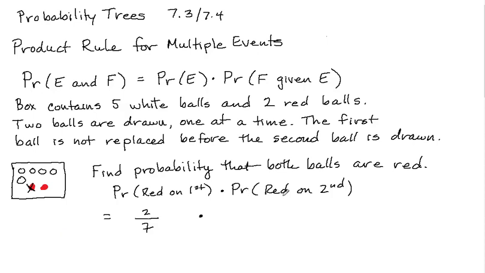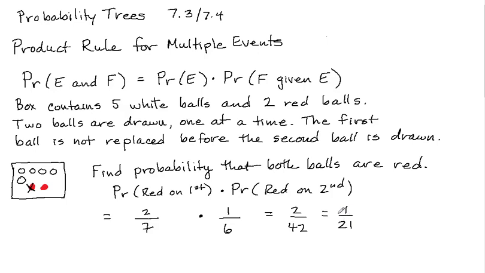So now what's the probability that we get a red on the second draw? Well, now there's only 1 success left, and there's only 6 balls left in the box. So I multiply those probabilities together, that'll be 2 out of 42. Also known as 1 out of 21. And again, that doesn't make a nice decimal, so leave it in fraction form.